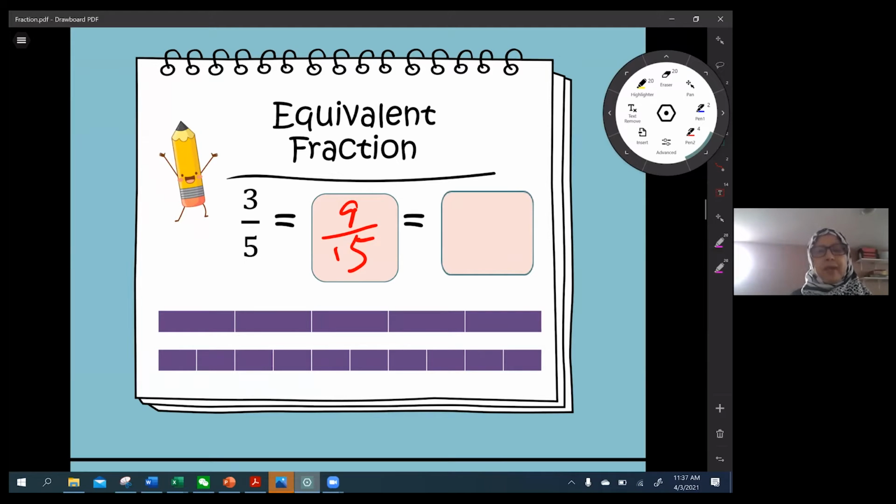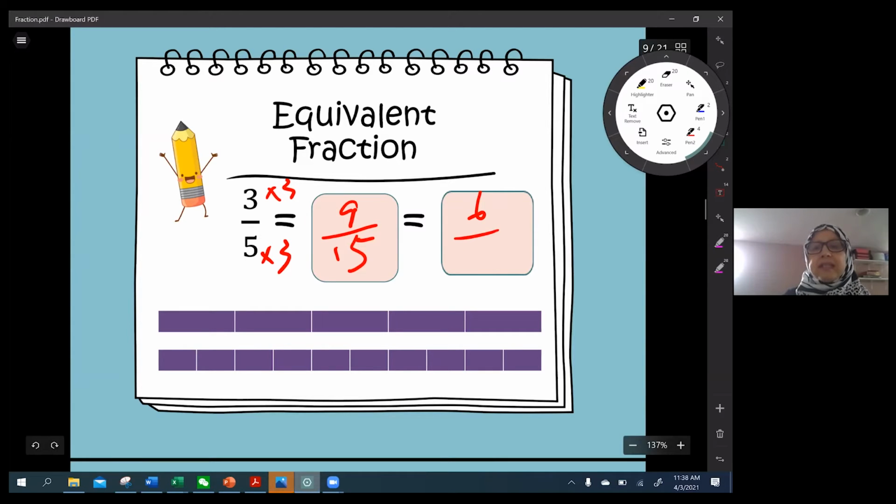Next, give me another equivalent fraction. One more person. One more equivalent fraction for 3/5. Everybody times 2, 6/10. Okay, I heard 6/10. And what else?